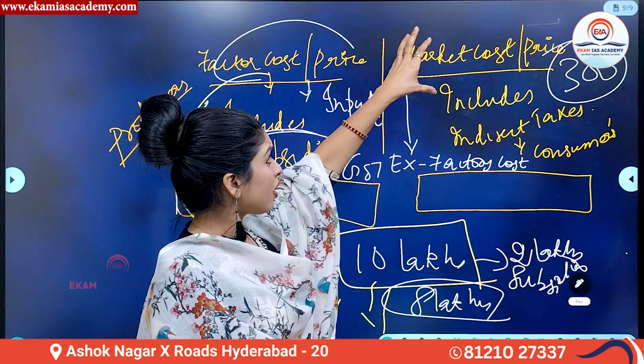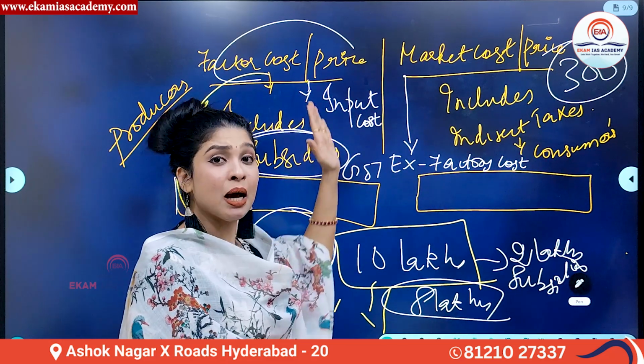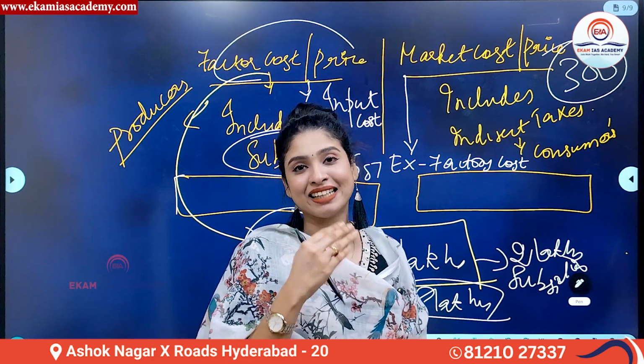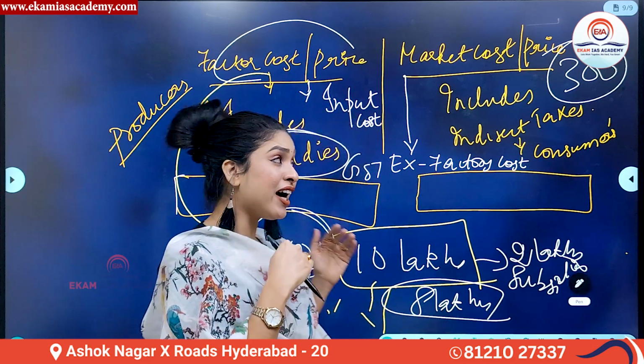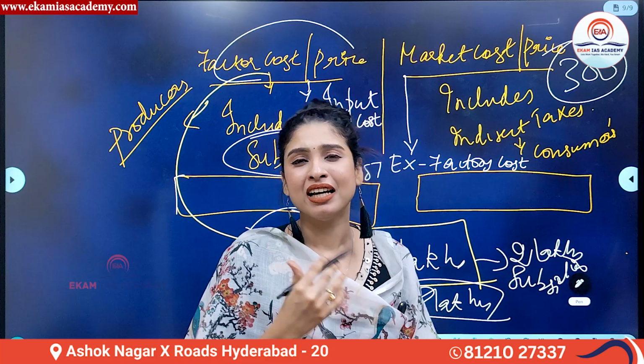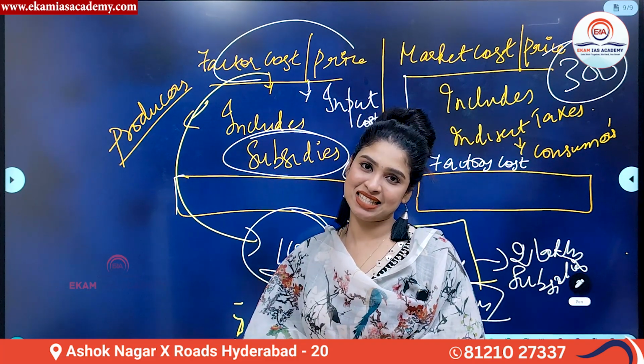So now, market cost is actually different from factor cost because market cost takes into consideration the indirect taxes, whereas factor price or factor cost does not take into consideration what? Indirect taxes. Rather, it only takes into consideration subsidies.